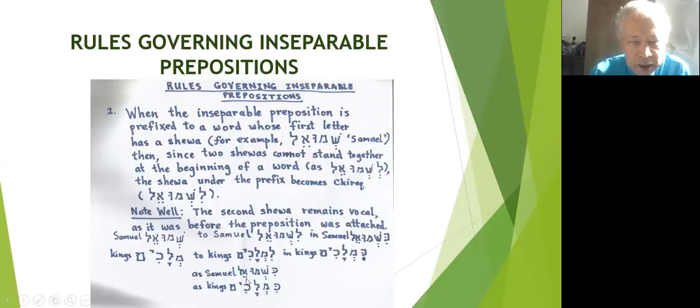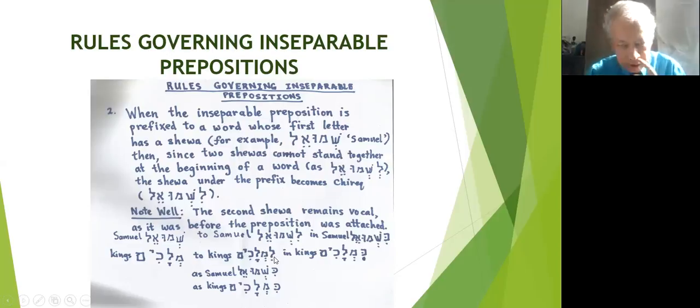Ki Shemuel as Samuel. Okay, let us look also at the plural noun Melakim, which is the plural of Melech, or king. Melakim means kings.